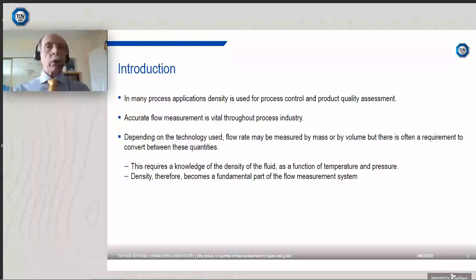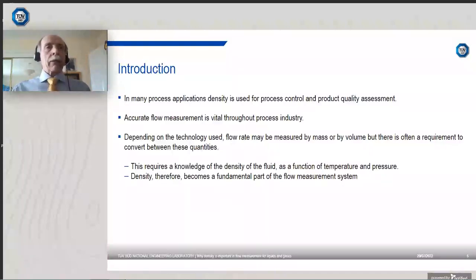But there is often a requirement to interconvert between these quantities. The choice of metering technology may be determined by other factors than the end units that you have to report in. So that's where density comes in, because it is the link between mass and volume. And you need to know it as a function of temperature and pressure.